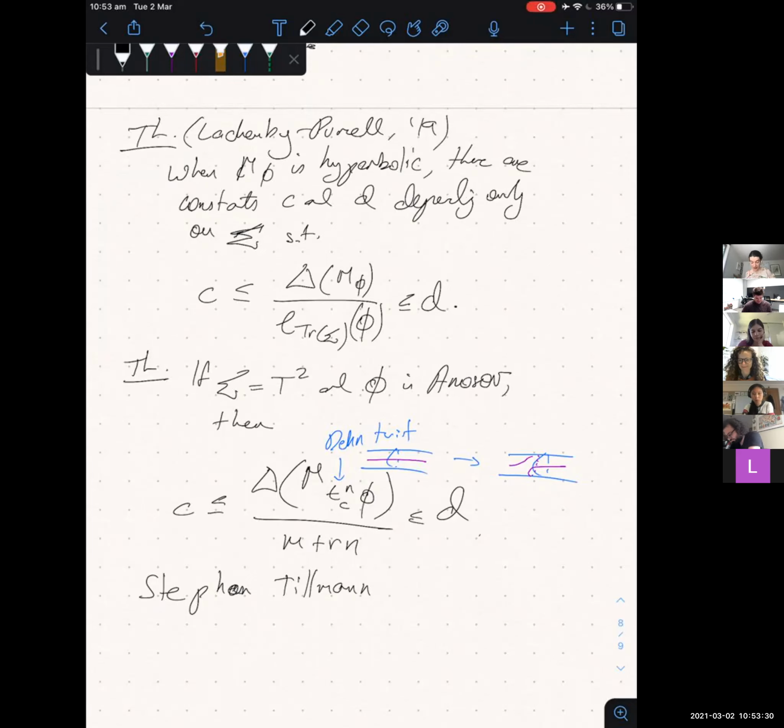We know that phi we can classify as pseudo-Anosov, reducible or periodic. I've talked about the pseudo-Anosov case, and when phi is pseudo-Anosov, we're good. When it's periodic, up to a finite cover it's just your surface cross the circle, so that's easy. The reducible case, which is when you fix a multicurve, turns out to be the hard one.